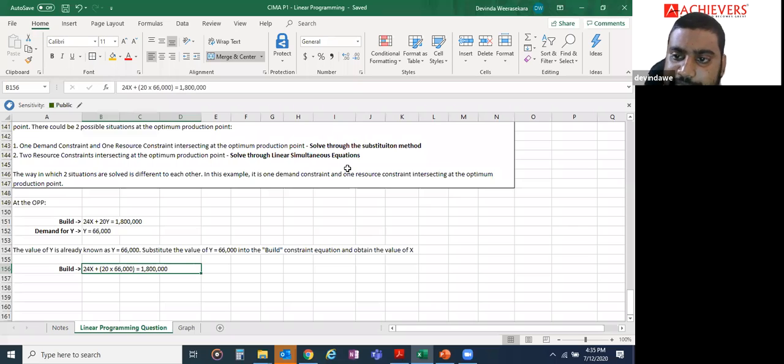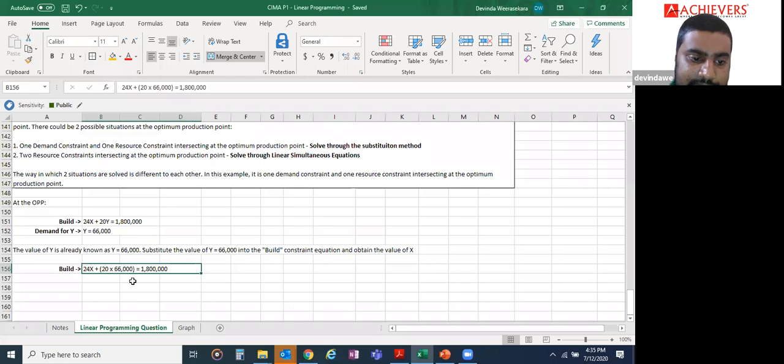Wherever you have an unknown variable, not just linear programming, guys, any question, let it be standard costing or budgeting or activity based costing, any chapter, if there is one unknown variable you want to find, you can use this method. Okay, clear?